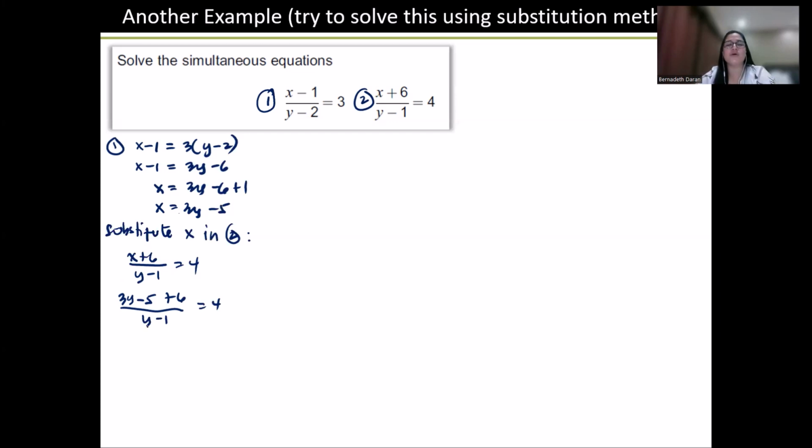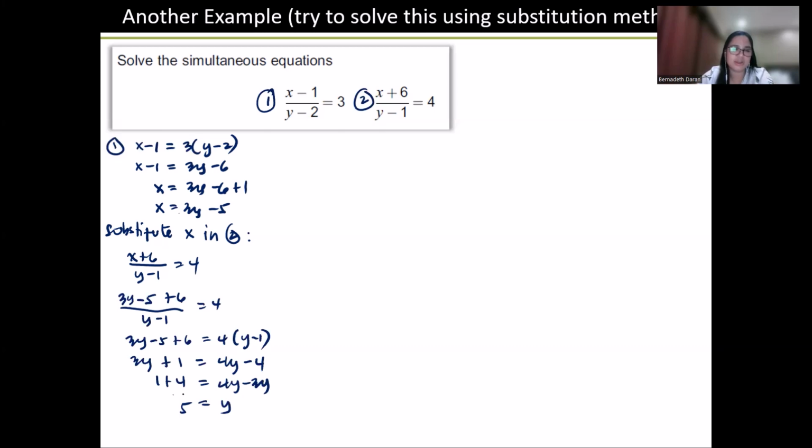And if you will notice, we now only have one variable, and that is y. So we have 3y minus 5 plus 6 is equal to 4 multiplied to y minus 1, or that is 3y plus 1 is equal to 4y minus 4. Or this is 1 plus 4 is equal to 4y minus 3y, or this is equal to 5 and this is equal to y. So therefore, our y is equal to 5.